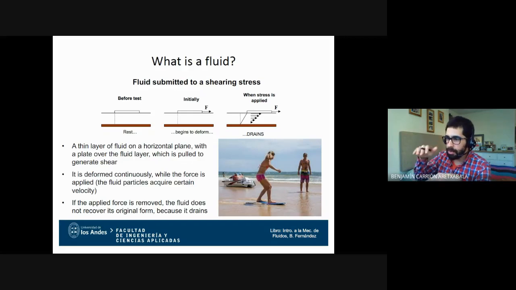And you can actually jump onto the board, and the force that you're putting into the board makes the water under it deform and actually lets you slide. So actually the board is not touching the sand. It's constantly removing water behind it. It's making it drain.